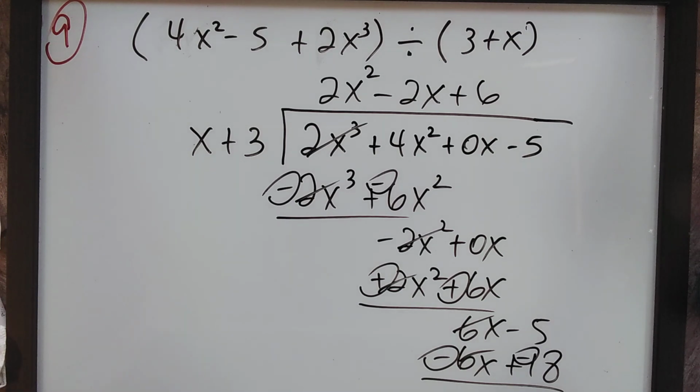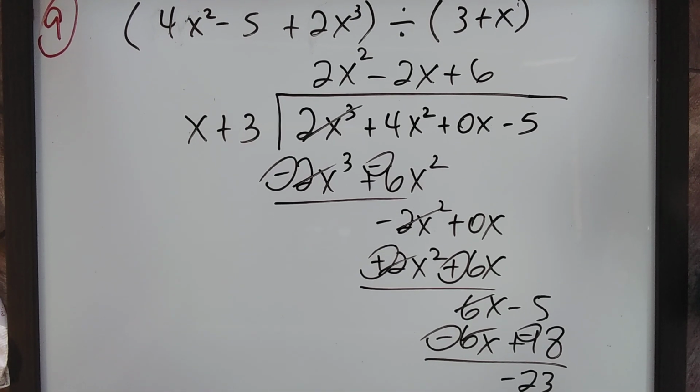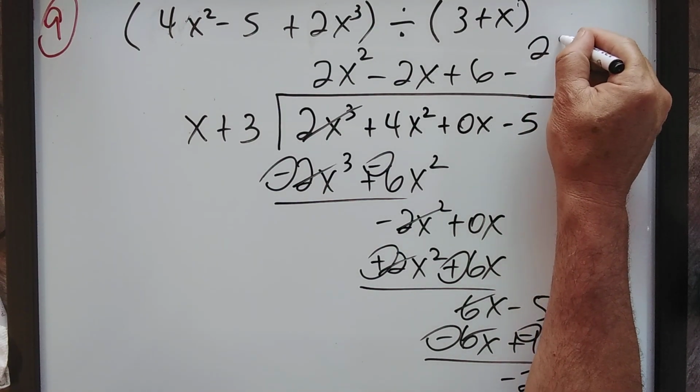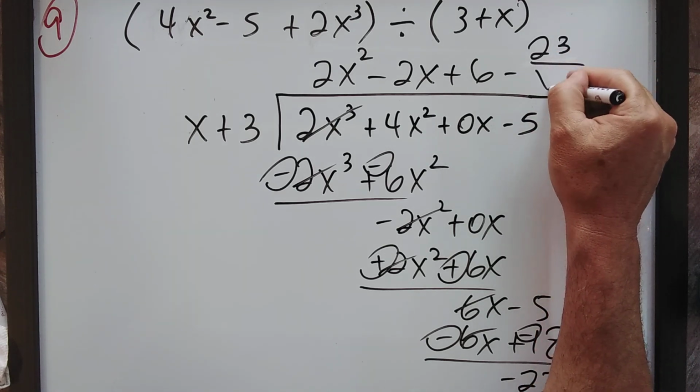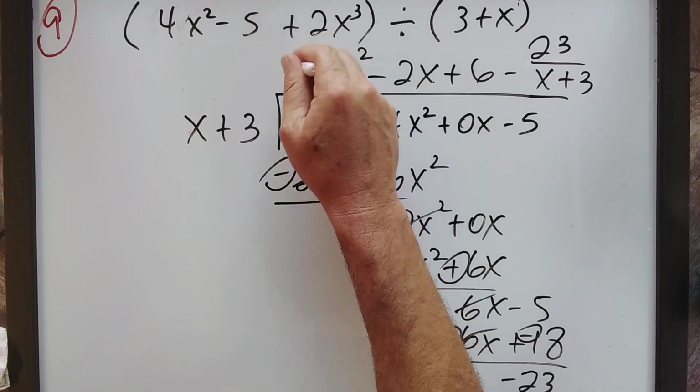And that's going to be my remainder. So I'm going to put minus 23 up here over the divisor, which is x plus 3. And that, guys, should be my answer. This up here.